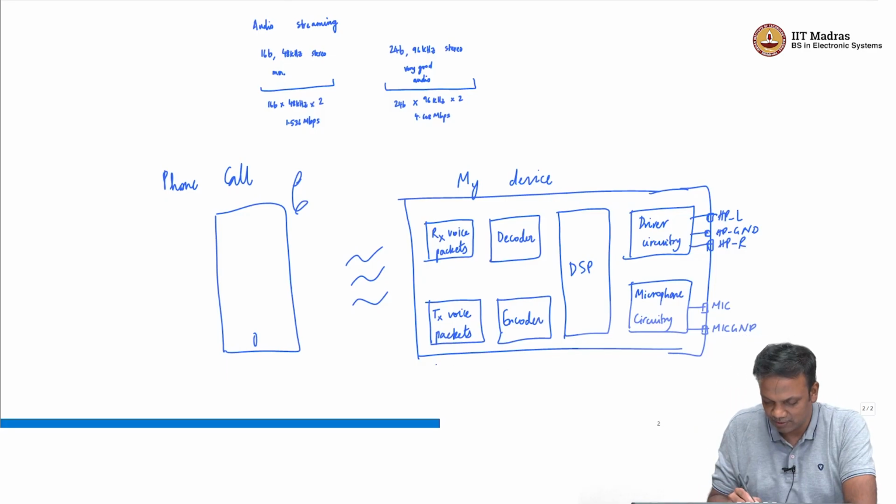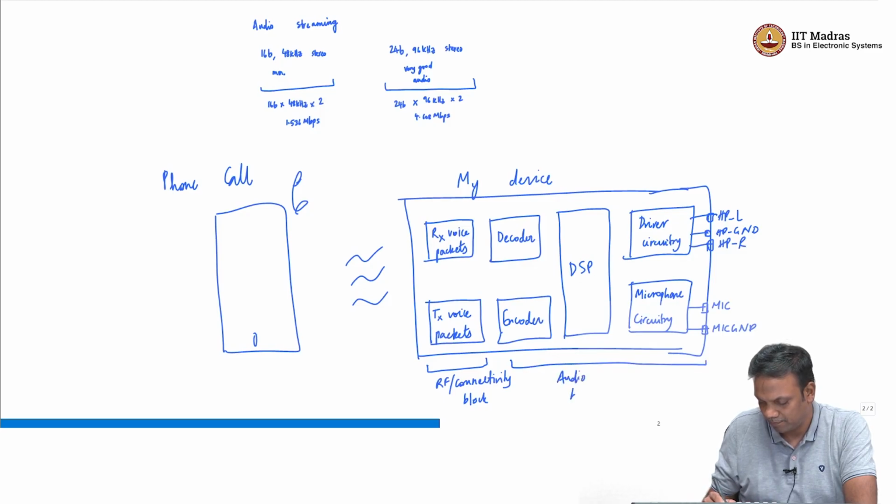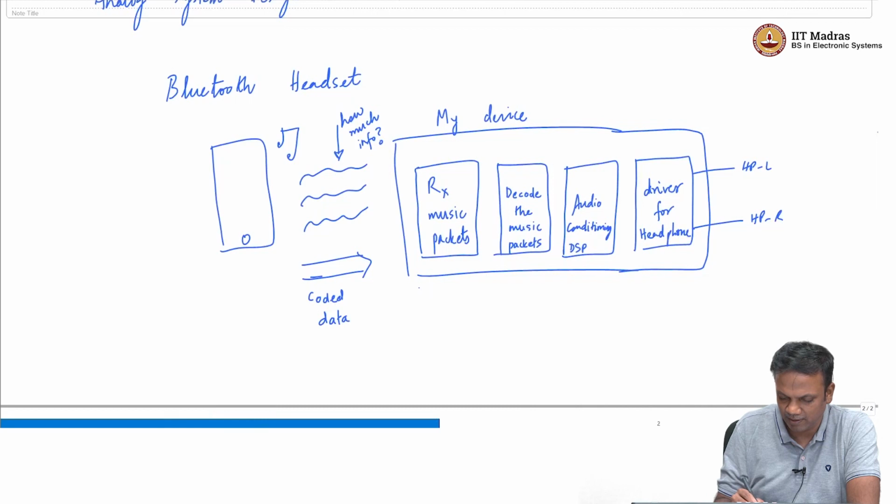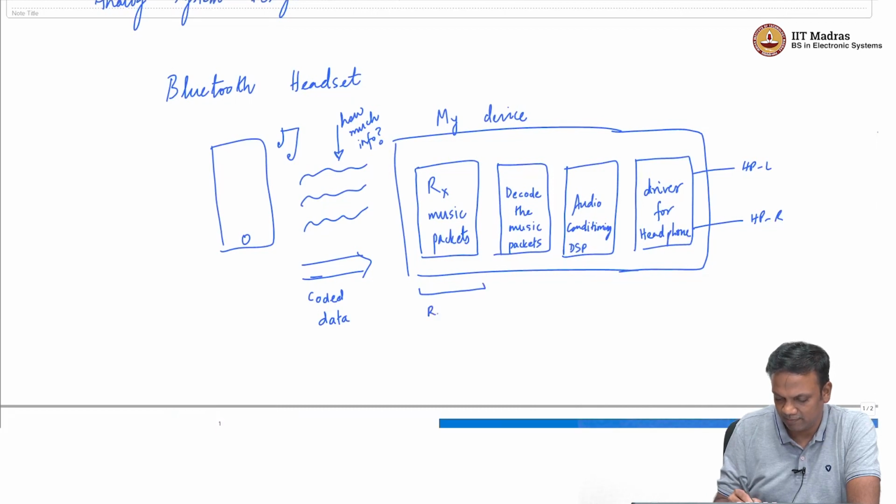Again you can see that there is a RF / connectivity block, and then we have an audio block. Now, if I go back here for a second, same way I can say that I have a connectivity block.